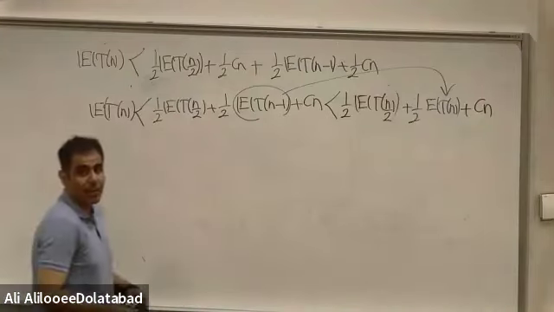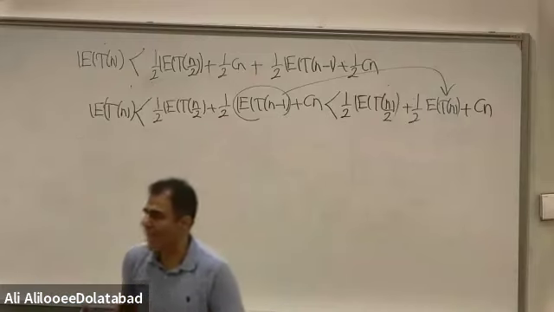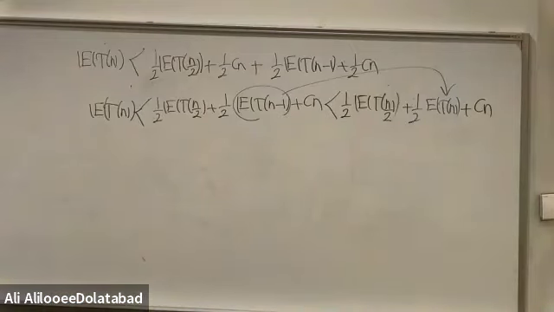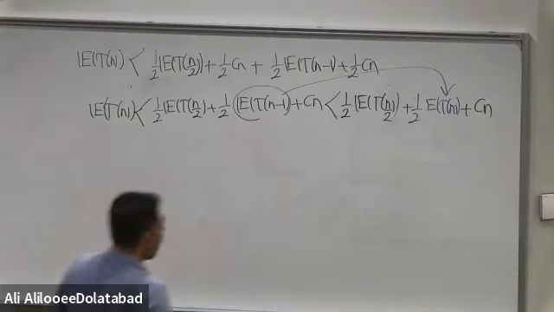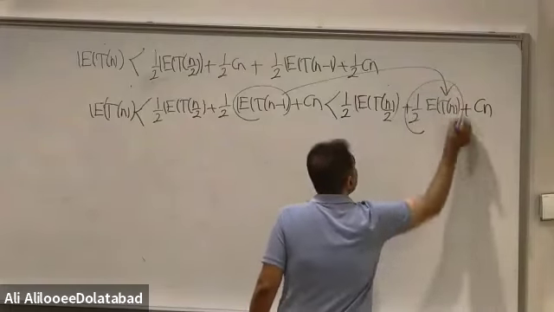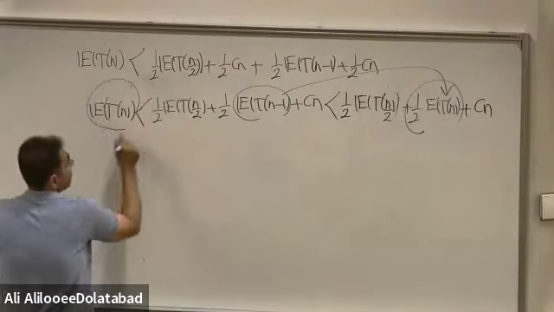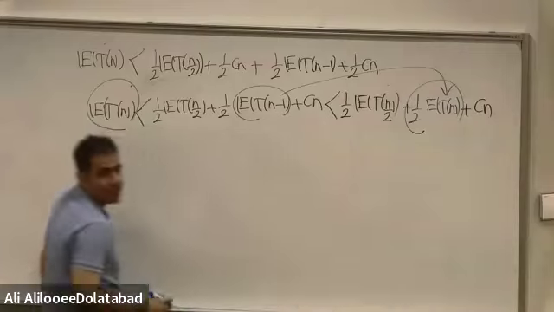Why is this better? Because several of the students asked me how you came to the idea that we should replace n minus 1 with n. Because now I can move this guy to the other side and still have the same input.